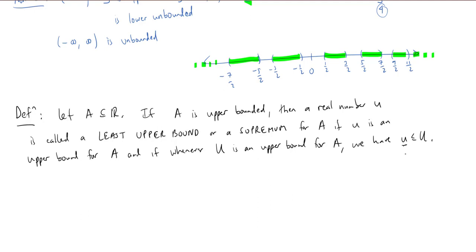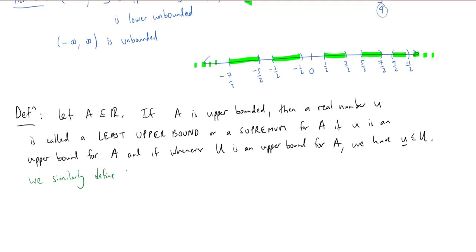Okay, and I showed you once how we translate everything for upper into lower, so I don't want to go through all of this sentence. You don't have to waste your time watching me write it. But we can translate all of this into language where now we're looking for lower bounds. And so I'll just say we similarly define, well, if we're looking at all of the lower bounds, then we kind of want the biggest one, right?